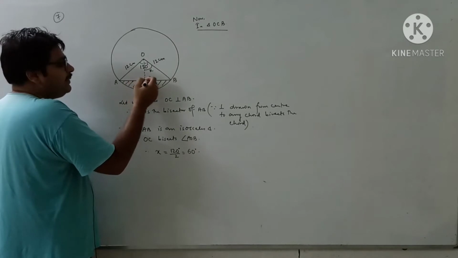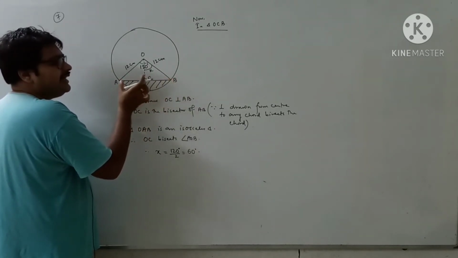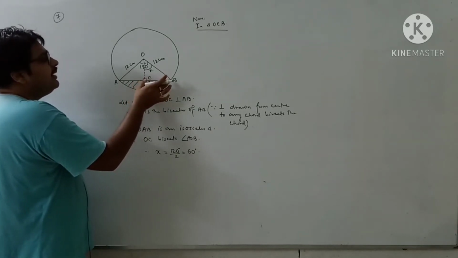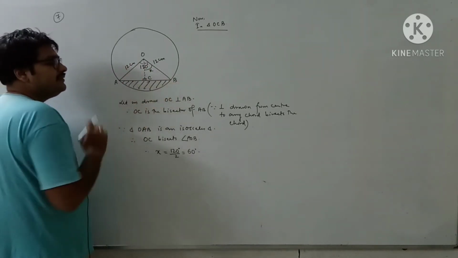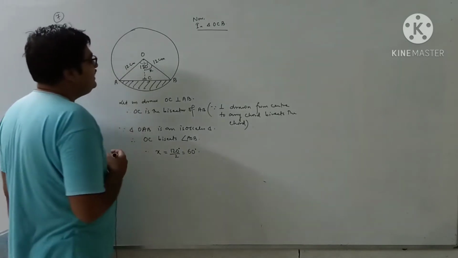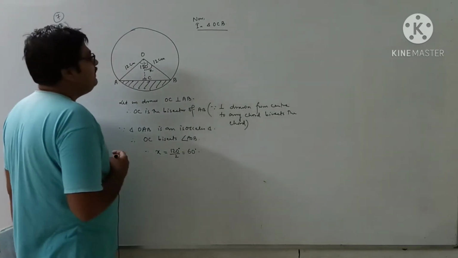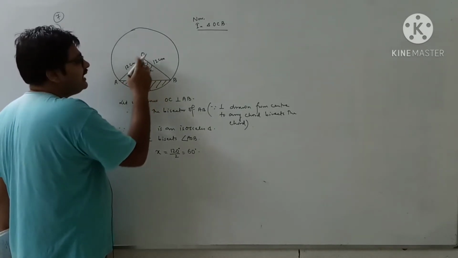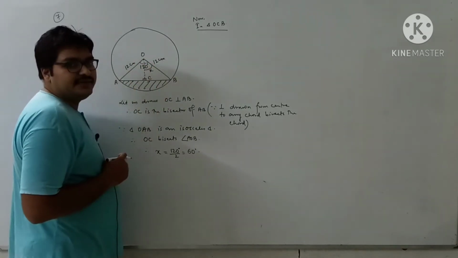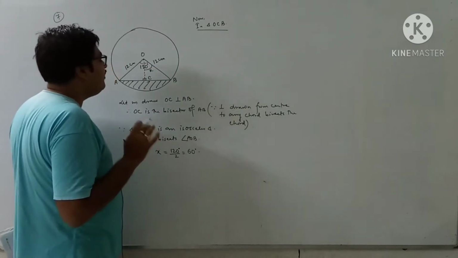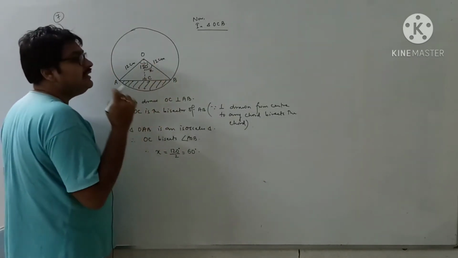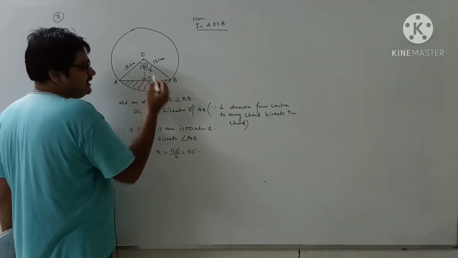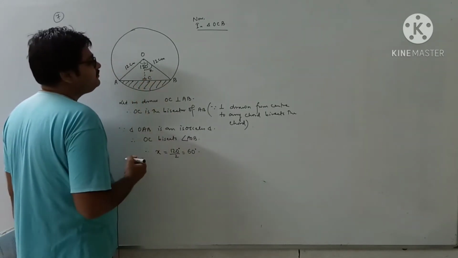Because OC is the perpendicular bisector of AB, that means CB and AC are equal. Similarly, if I can find out the length of OC, by doing half into base into height, I can find out the area of this bigger triangle. Now question is there, how we find out this length? So I will use trigonometry in this case. As we know this x equal to 60 degree, already we have proved.